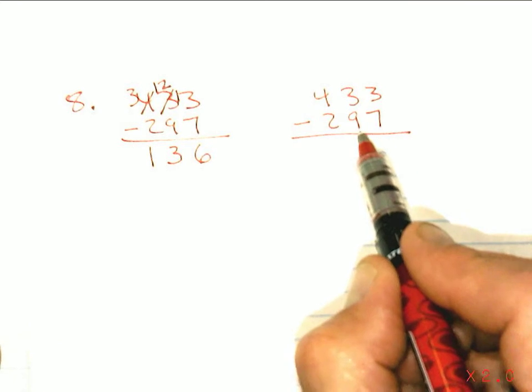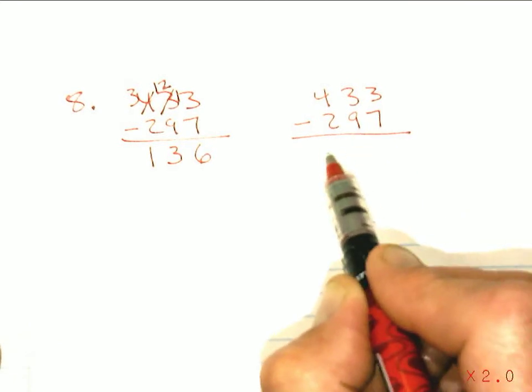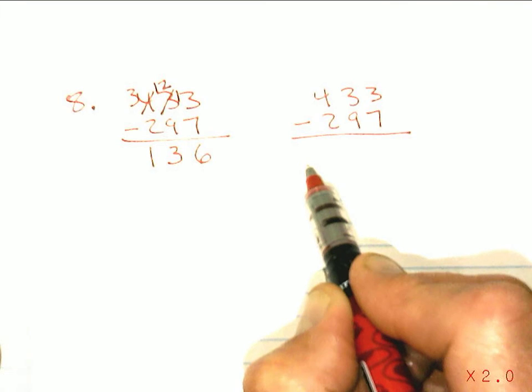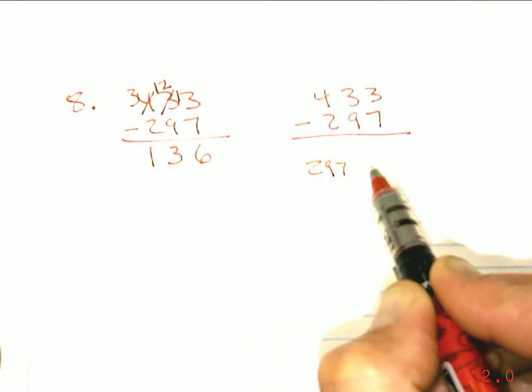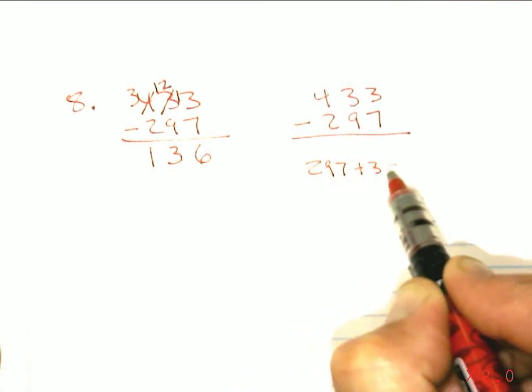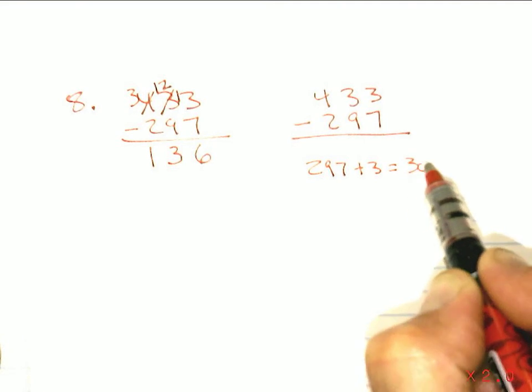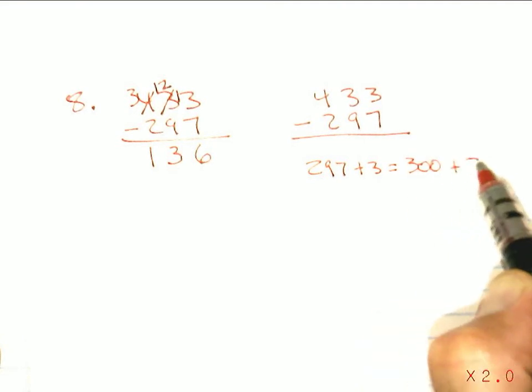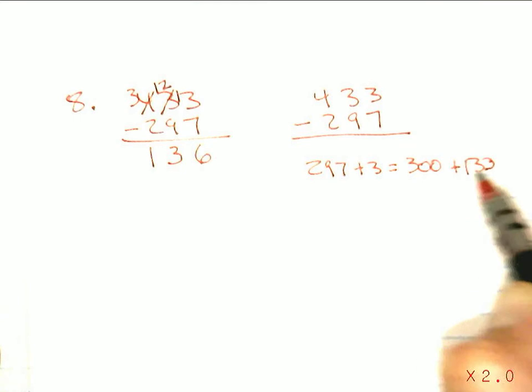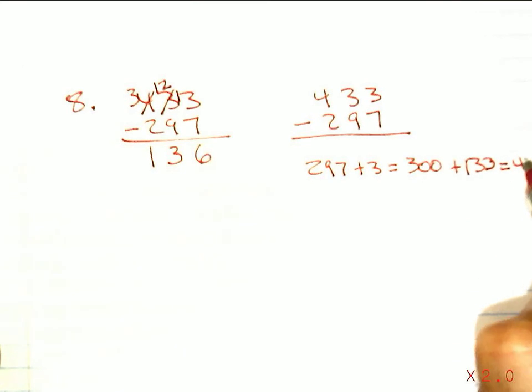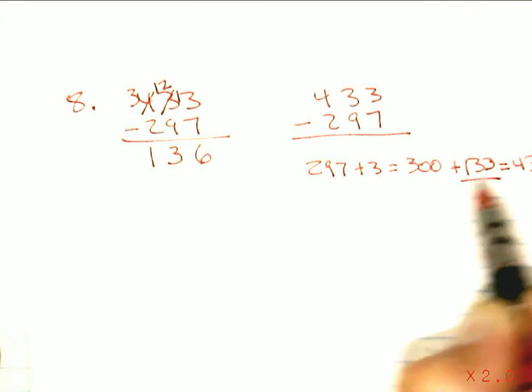So 297 plus 3. If I think of where I'm at, 297, and I go plus 3 to get to 300, and then plus 133 more to get to 433. What I really did was add those two.